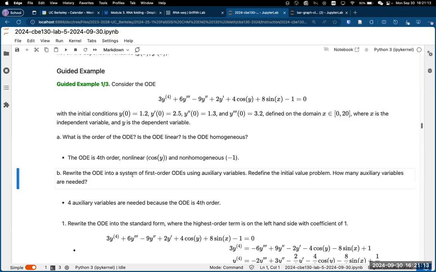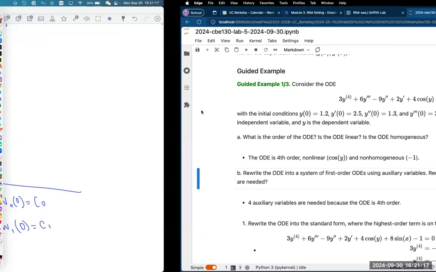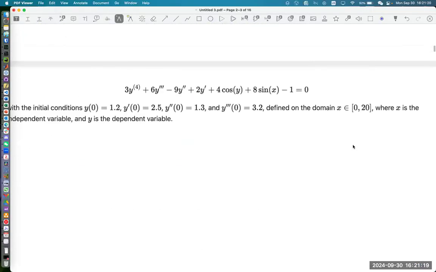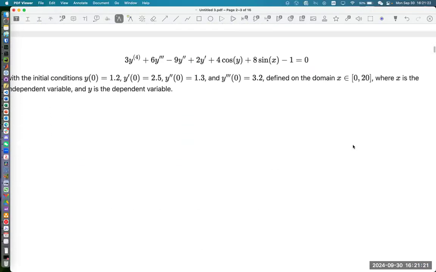Rewrite the ODE into a system of first order ODEs using auxiliary variables. So we take this and then we apply our algorithm. So the first step is to write in standard form.